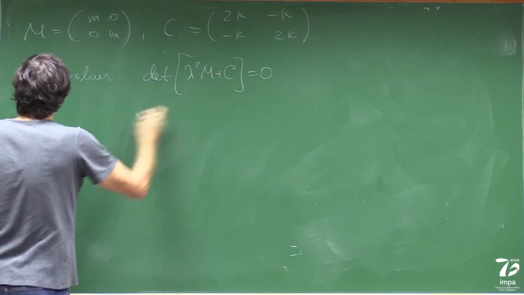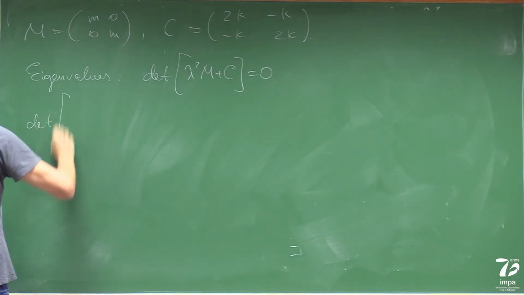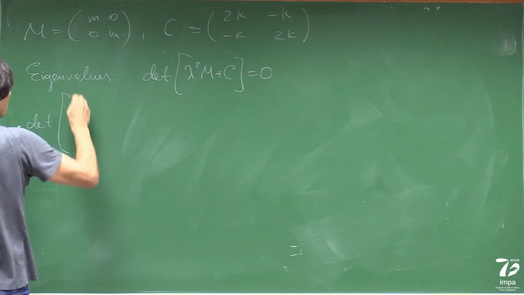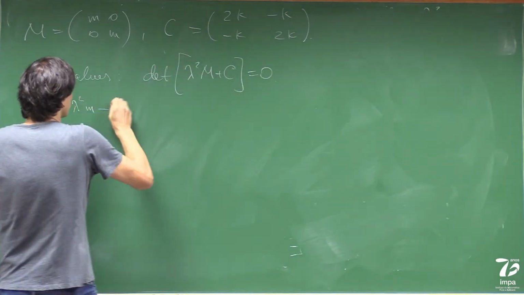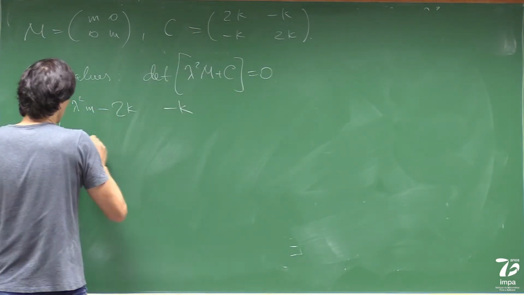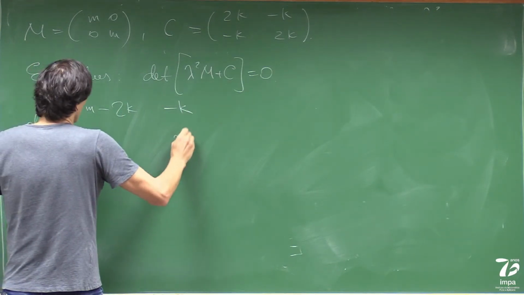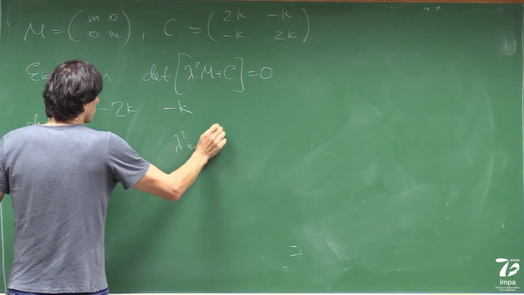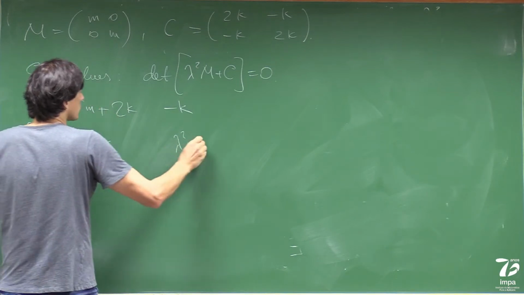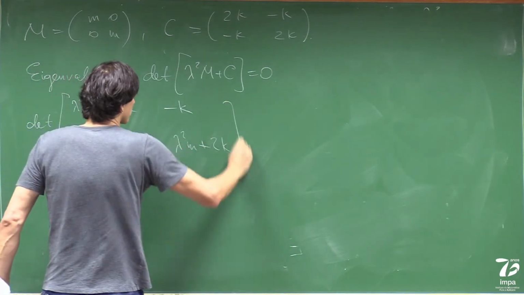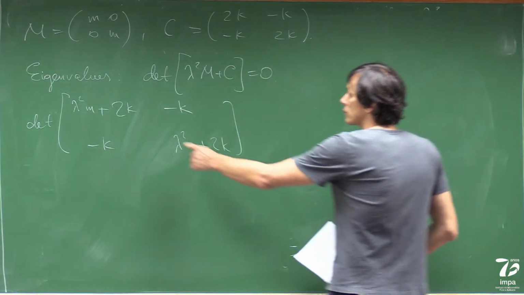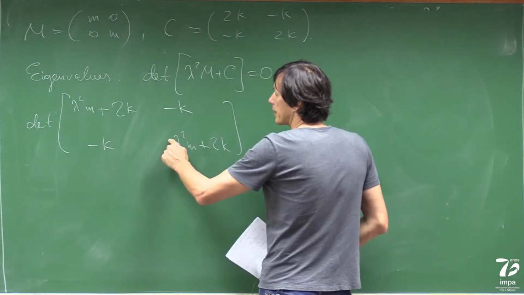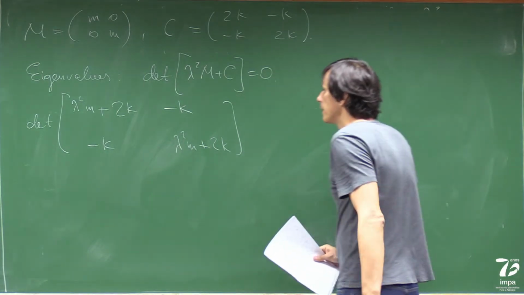So let's write it: lambda squared M plus 2k, minus k, minus k, lambda squared M plus 2k. The determinant of a 2 by 2 matrix is the product of diagonal elements minus the product of anti-diagonal elements.